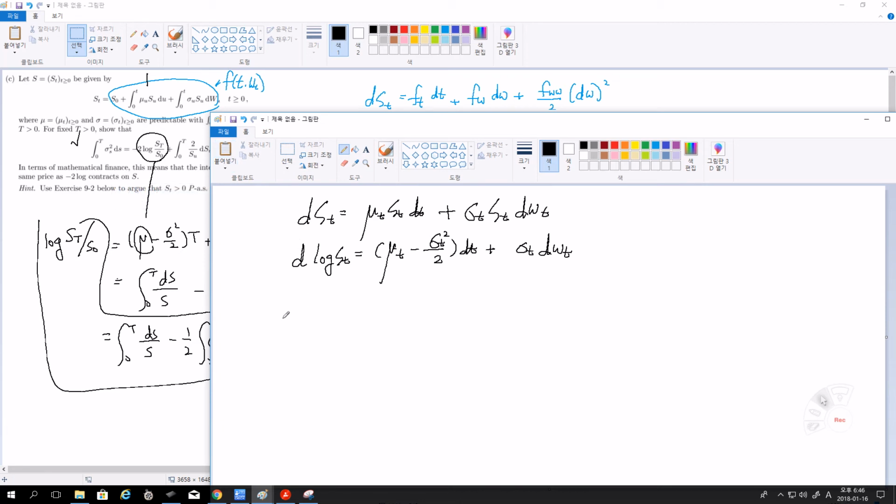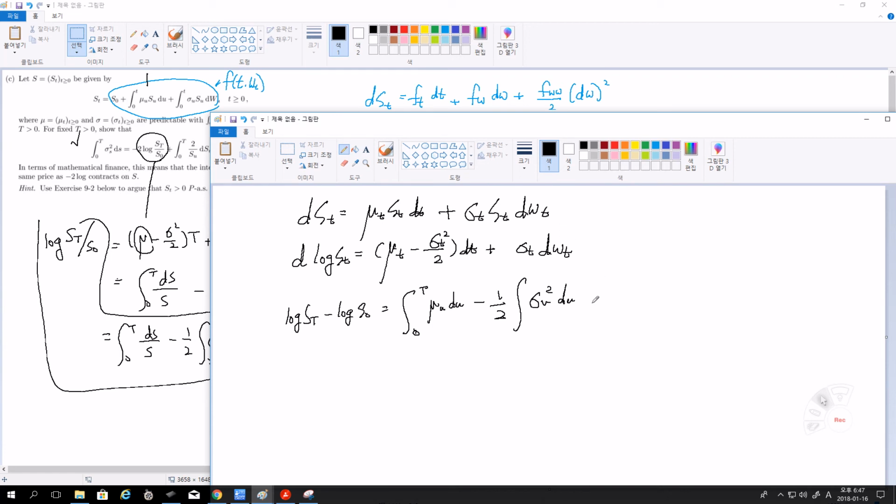If I integrate it, it becomes log S_T minus log S_0 equals the integral from 0 to T of μ_u du minus half of σ_u² du, and then the integration of this one.